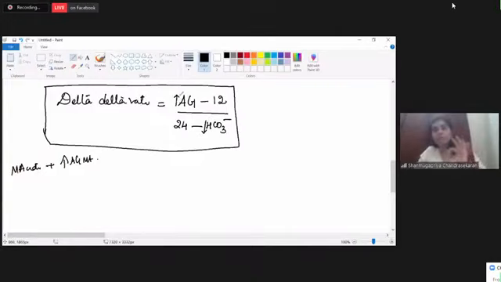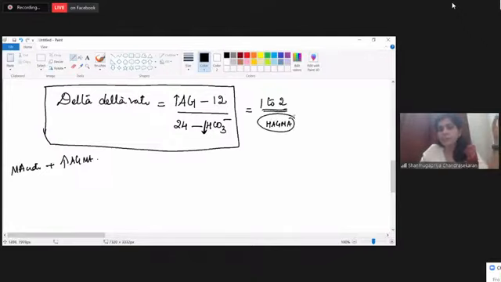Which means the ratio should be 1, right? Or it is 1 to 2. So if it's just an increased anion gap metabolic acidosis, delta-delta ratio will be anywhere between 1 and 2.